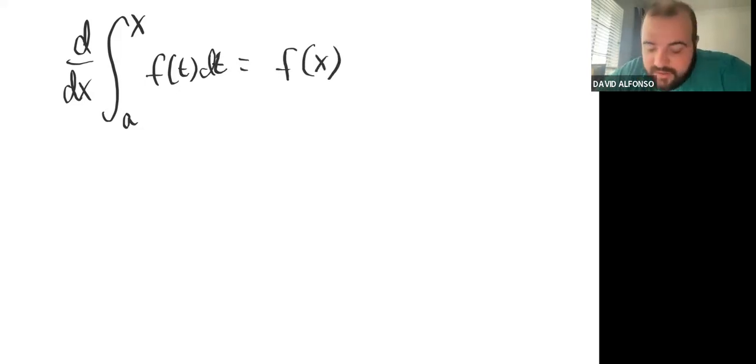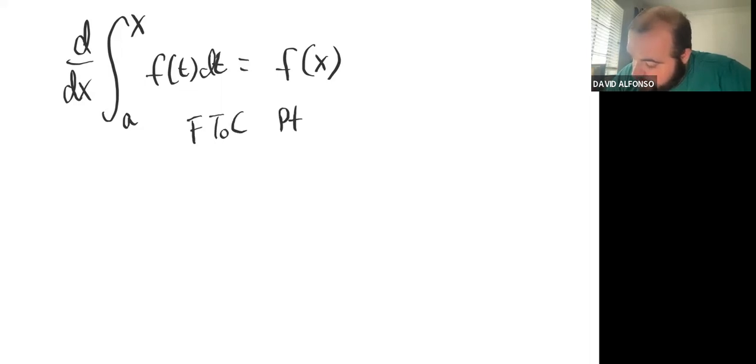So this is the fundamental theorem of calculus, part 1, and that's an important one. So that summarizes definite integrals. And then the last part was applications.